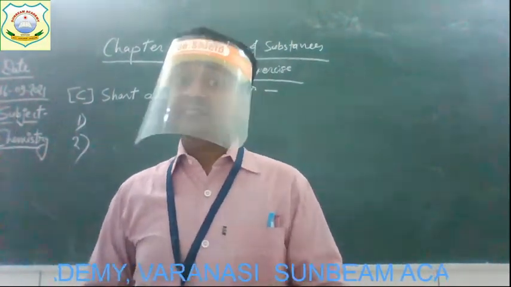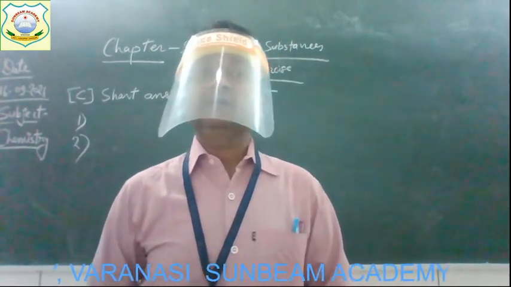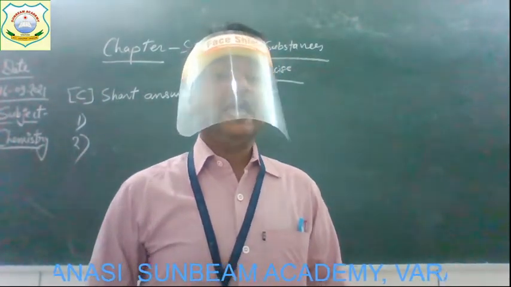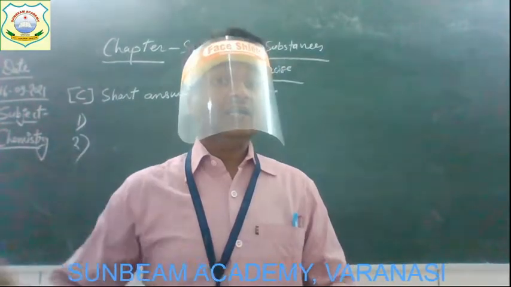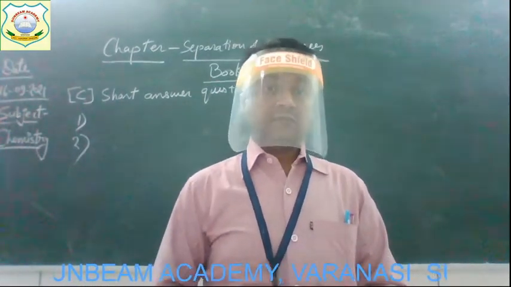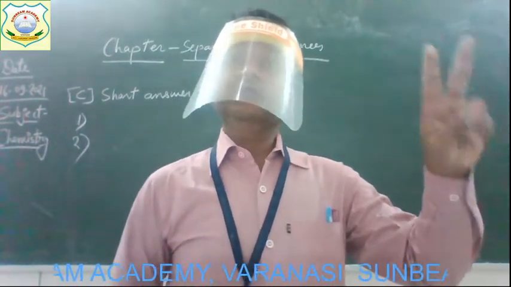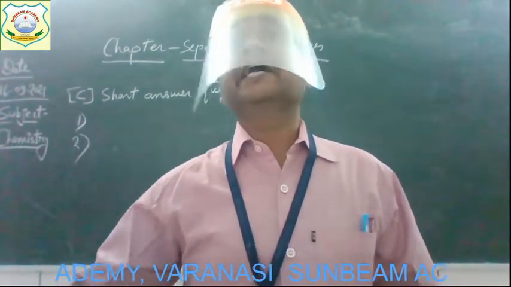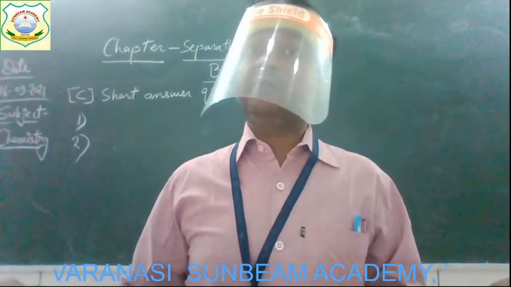So children, you can say that to separate a mixture into two constituents, we have to use some property that one constituent has while the other does not. If both have the same property, we cannot separate them.